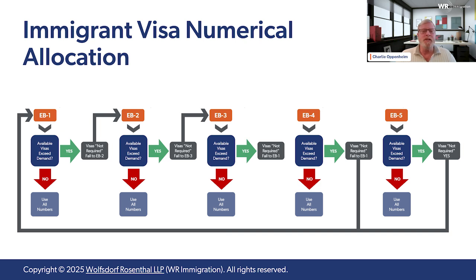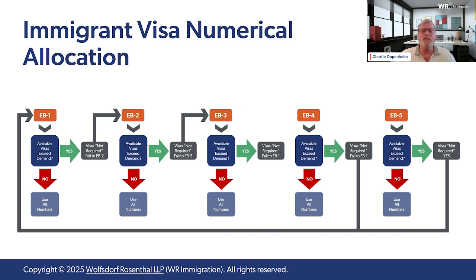At the beginning of the year, I would let those 1,000 be added to my calculation of the employment first preference category, because I wanted there to be sufficient time for those numbers to be used by EB1 applicants. And if not needed there, then they could fall down to employment second.